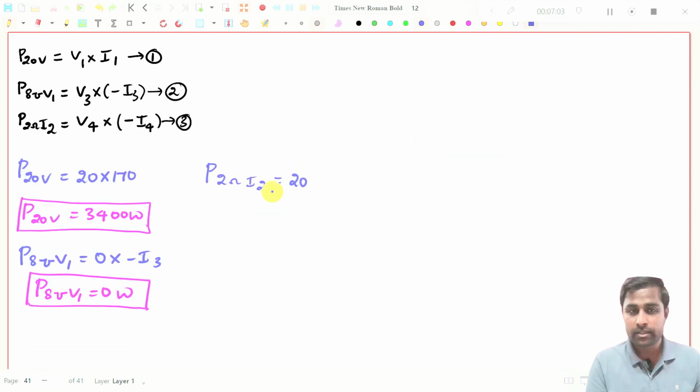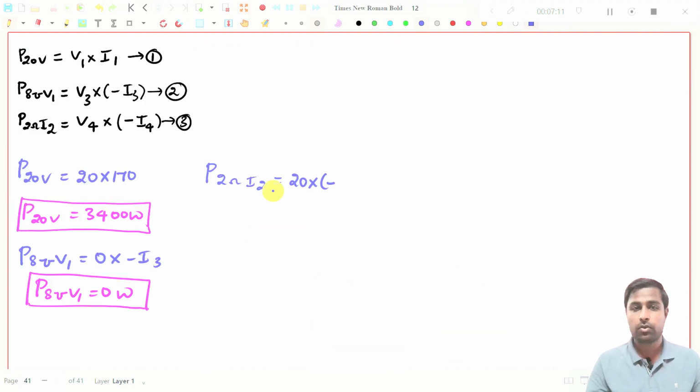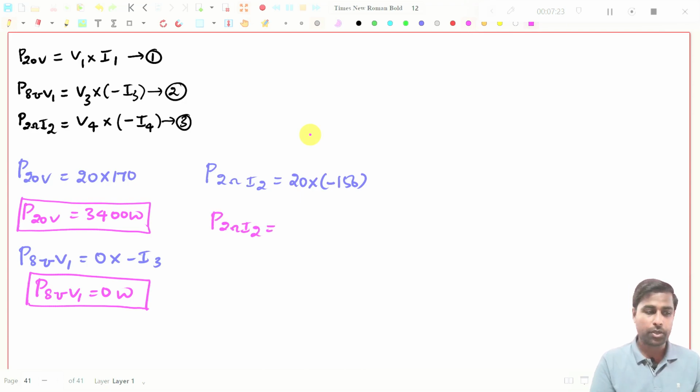It is 20 multiplied by 156. If I simplify this, what will I get? P of 2 ohm I2 should be equal to minus 3120 watts. Minus.